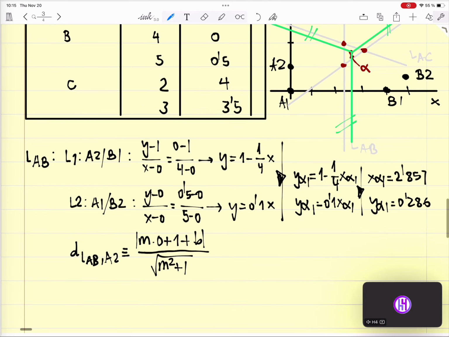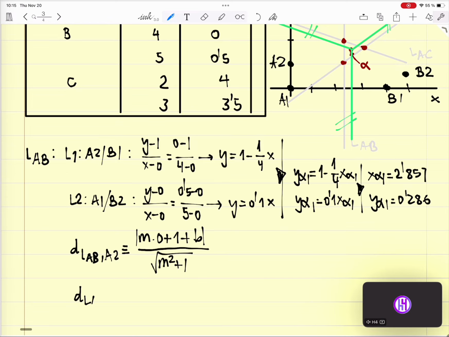The distance between the line LAB and B1 equals (m times 4 plus 0 plus b) divided by the square root of m squared plus 1.